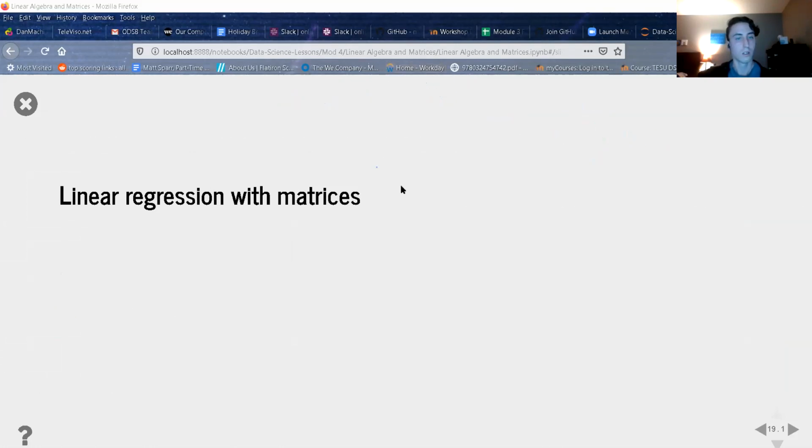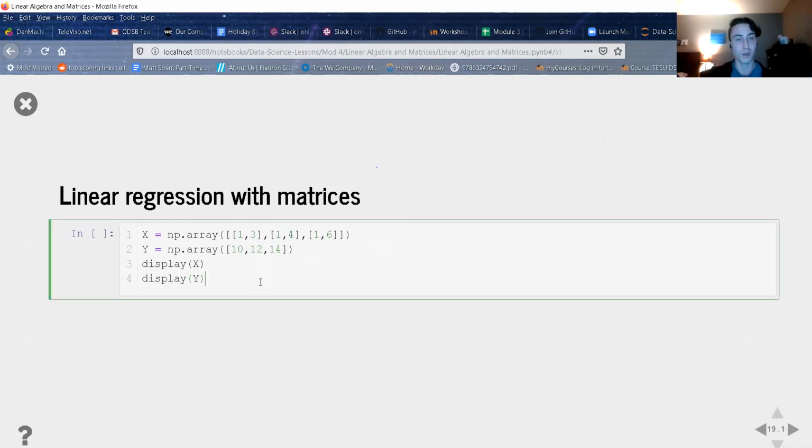So now we're going to get into a little bit more of a complicated topic. We're going to use matrices to do linear regression. It's going to seem kind of like magic at first, but it's actually really cool. So here we have an example. This would be basically some data.